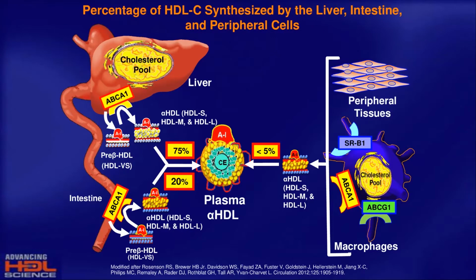So when cholesterol comes out of the macrophage and interacts with these ApoA1 phospholipid depleted cholesterol absent discs, you get a spherical particle. But the point is, less than 5% of the circulating HDL cholesterol comes from the macrophage. Other parts of the HDL cholesterol pool are coming from the liver, 75%, and 20% from the intestine.